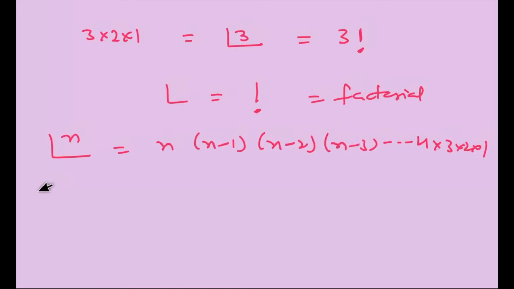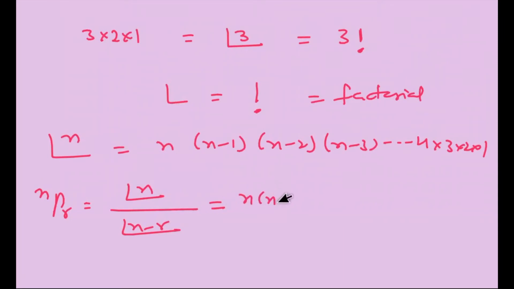Now we can write the meaning of nPr, that is factorial n upon factorial n minus r. And we can say here also n, n minus 1, n minus 2, and if it is n minus r, we can write it up to n minus r plus 1.